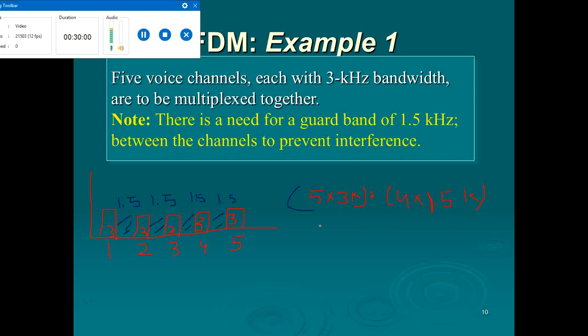When I calculate it, I get 5 multiplied by 3 is 15K plus 4 multiplied by 1.5 is 6K. And hence the answer is 15 plus 6 is 21 kilohertz. So the total bandwidth that is required for this example is 21 kilohertz.